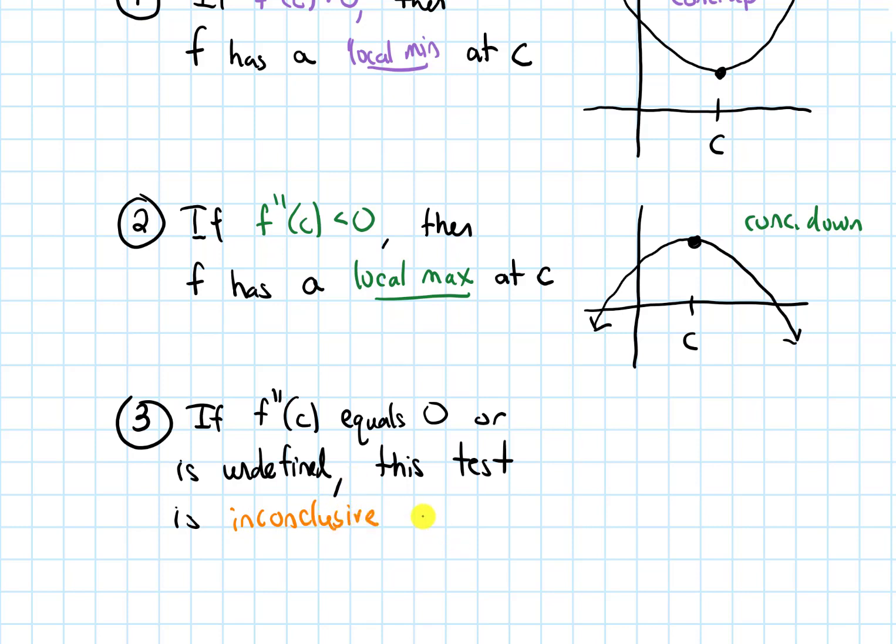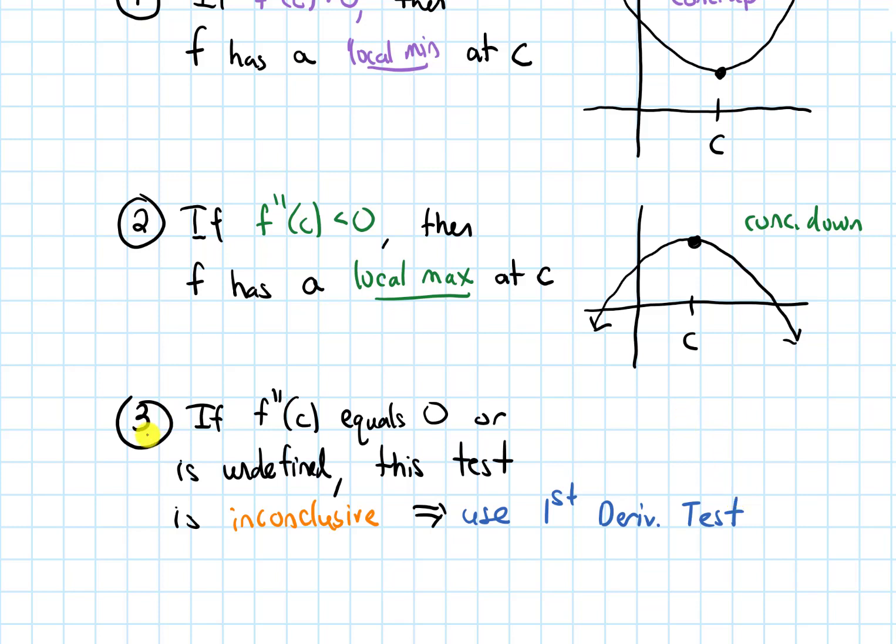So if the test is inconclusive, then we'd have to go back and use the first derivative test. So remember, the first derivative test is that thing where I make a number line and see where the first derivative is positive and where it is negative, so I can see where my function is increasing and where it's decreasing.